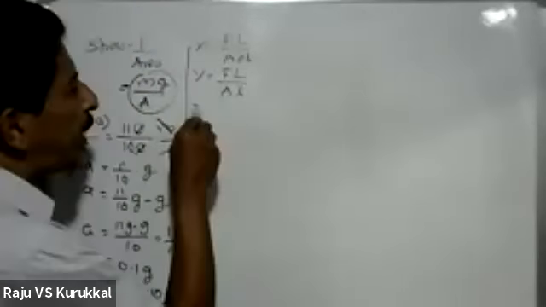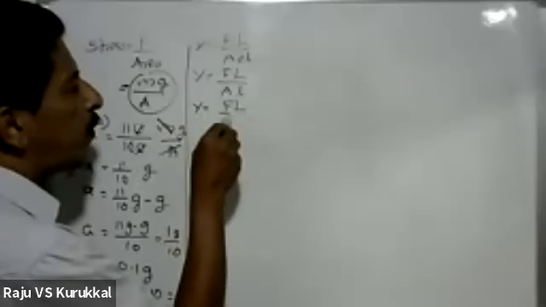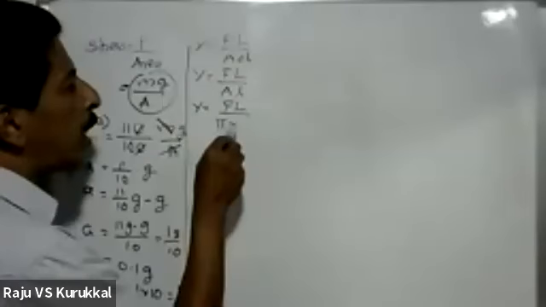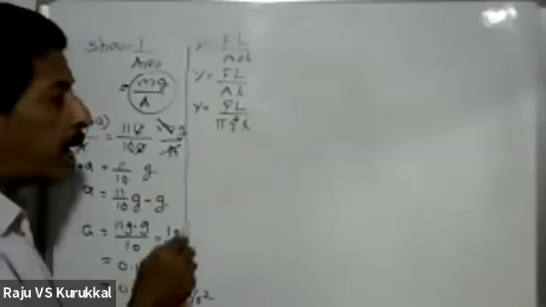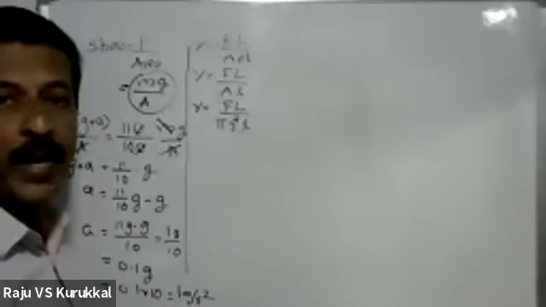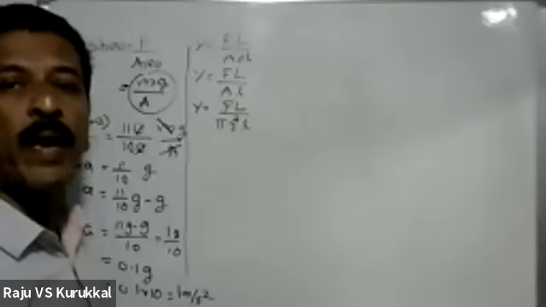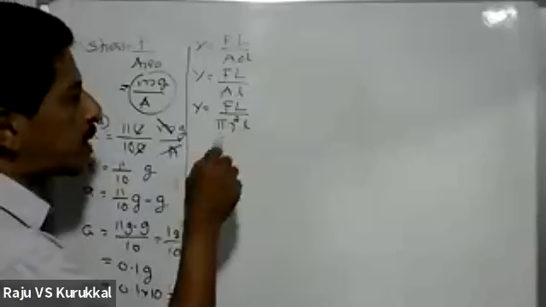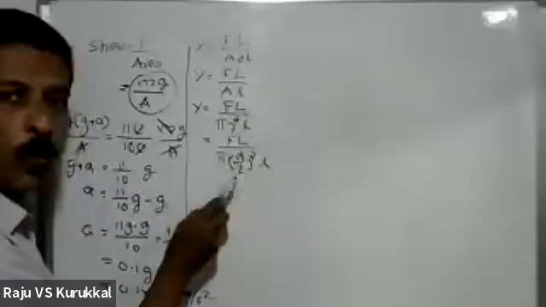The area is pi r square. So Y is equal to F into L divided by pi r square delta L. But the diameter is 2 times the radius, or radius is equal to diameter divided by 2. This can be written as F into L divided by pi into (diameter by 2) squared.